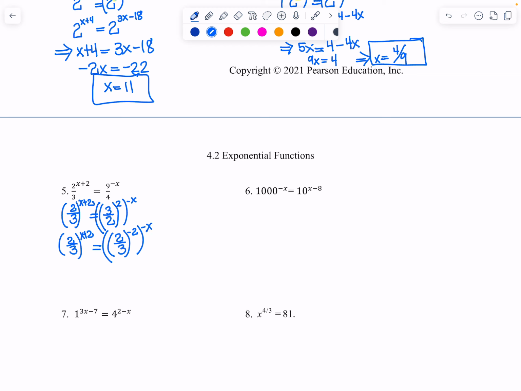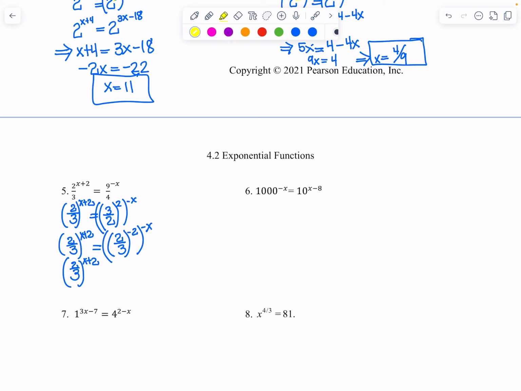Now you all see we have the same base. And the rule says if you got the same base, then we can set the exponents equal. So let's do it. We got 2/3 raised to the x plus 2 here.